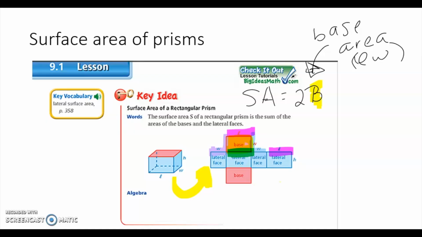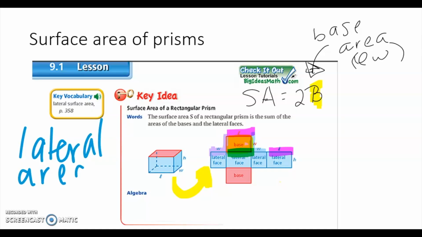Now, why do I bring that up? Because if I was thinking about my lateral area, and I noticed that it really is just one big rectangle, I would have the length times the width to find the area.